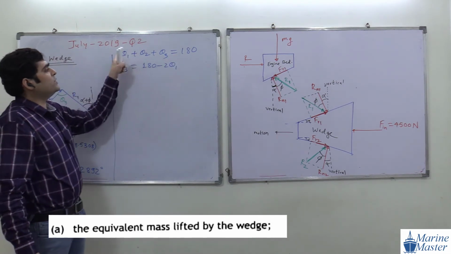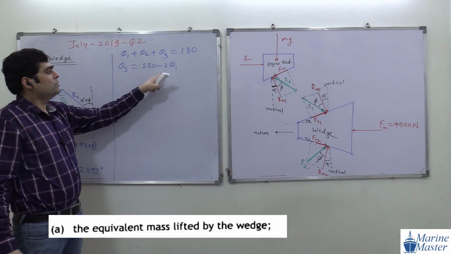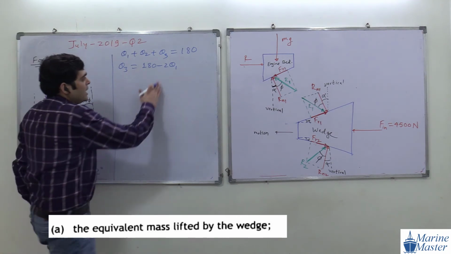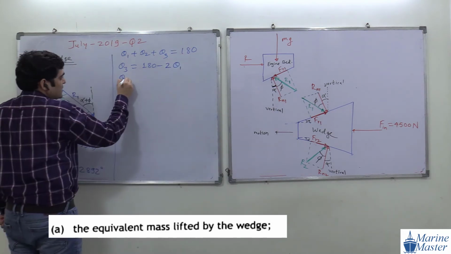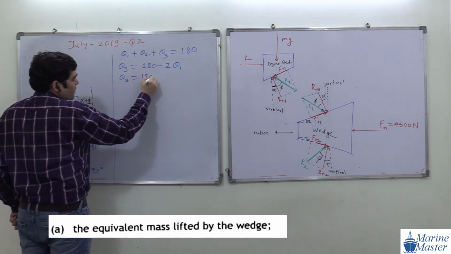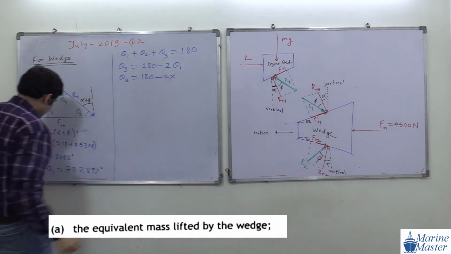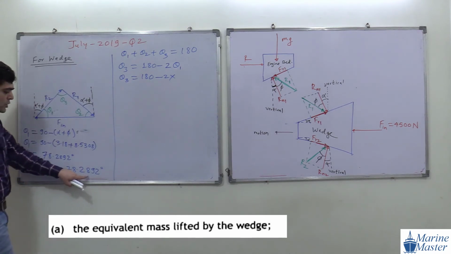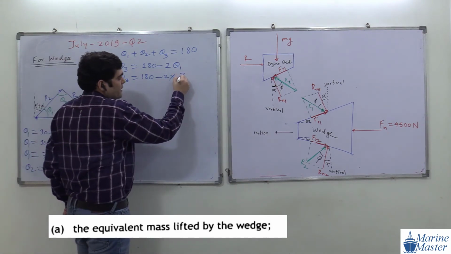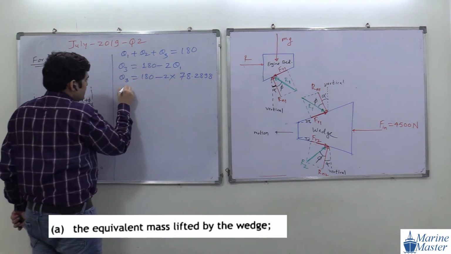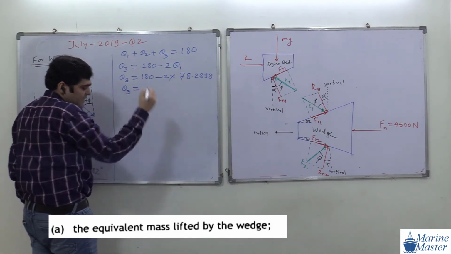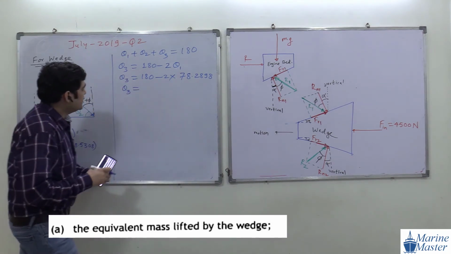Theta 1 and theta 2 are the same, so theta 1 plus theta 2 is 2 times theta 1. Everyone is getting my point? So theta 3 will be 180 minus 2 times theta 1, which is 2 times 78.2892. Please everyone do the calculation and tell me the value of theta 3.